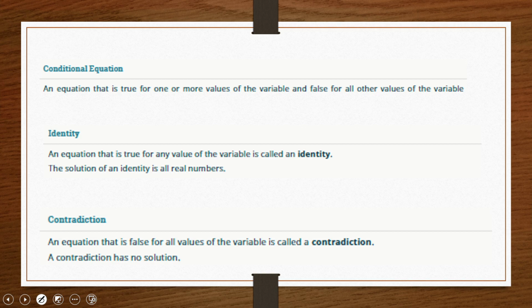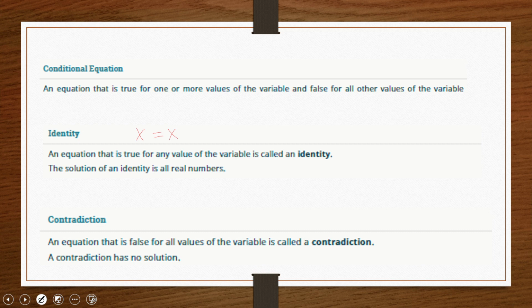The other two are fairly similar, especially when we actually go to algebraically show that the equation is of one type or another. They are the identity and contradiction. So an identity is fairly simple to understand. If I end up with a statement such as x is equal to x, that means that any substituted value for x into that equation would make the statement true.